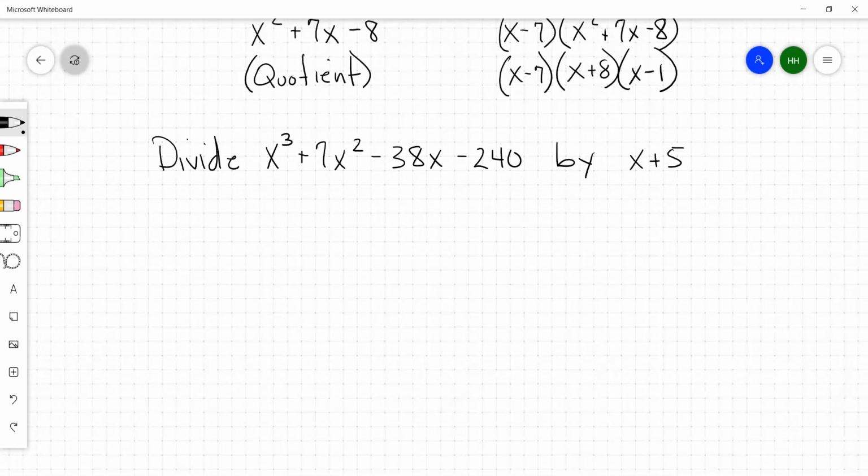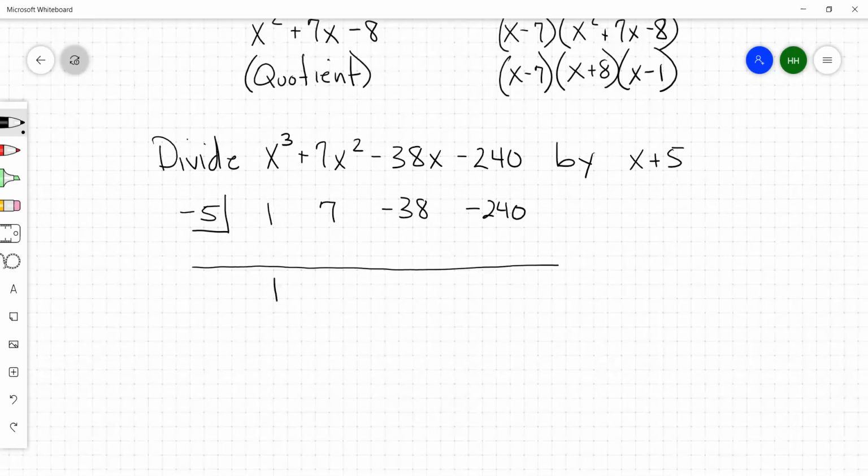All right, so we go -5 here, and we got 3, 2, 1, 0, so we got a 1, 7, -38, -240, and bring down the 1.